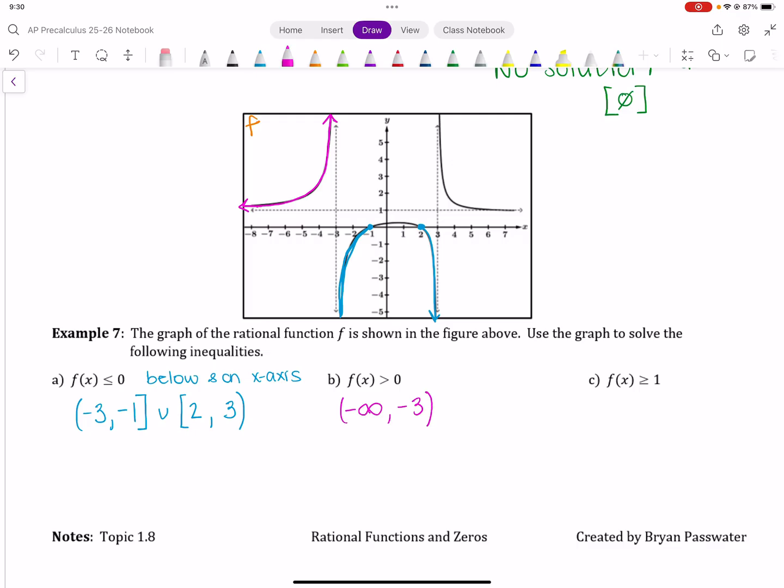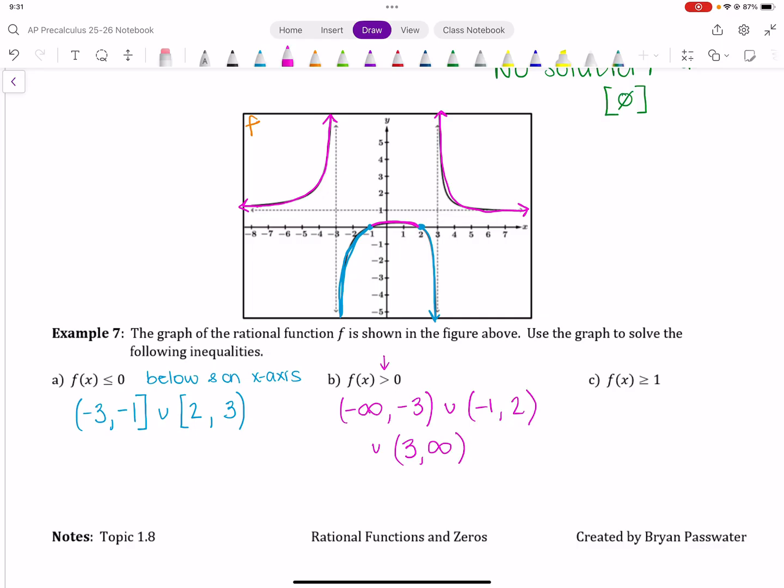And then we are positive again between negative 1 and 2. And we're using parentheses because we are not equal to this time. And then we have one more section where we are above the x-axis up on this right section. So starting at our last vertical asymptote at 3 and going all the way right to infinity.